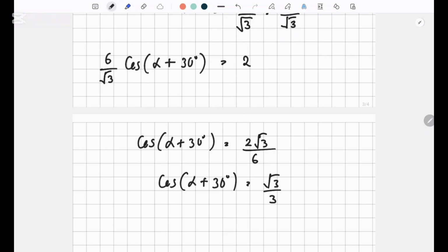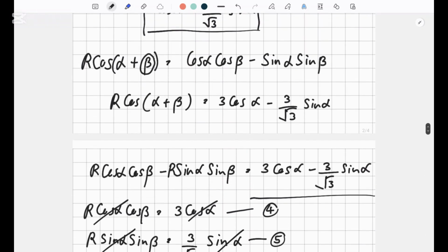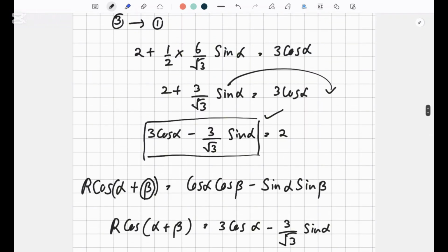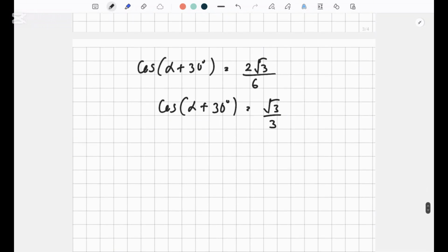So cos inverse of root 3 over 3 is... Something's wrong with my calculator.